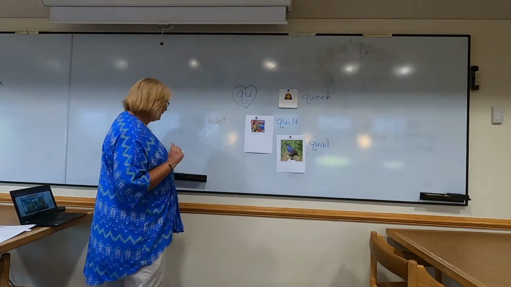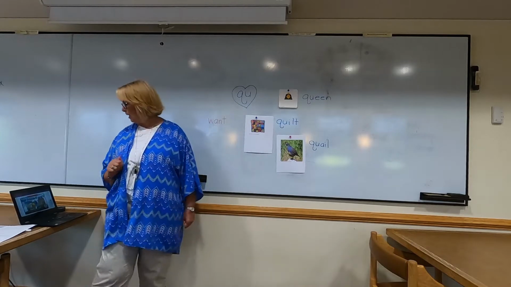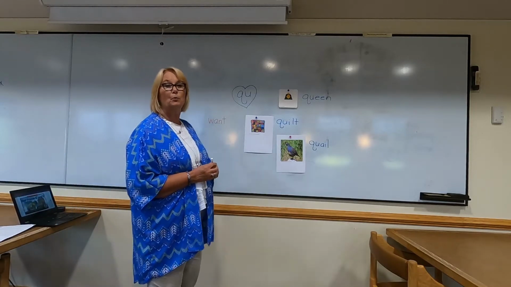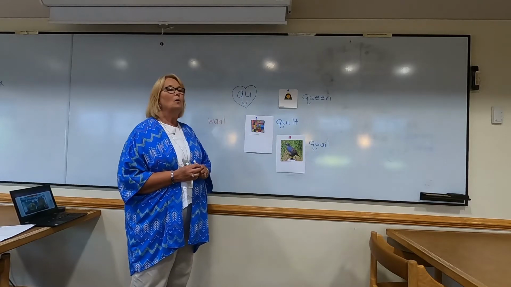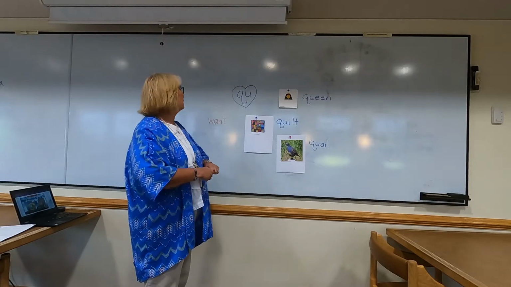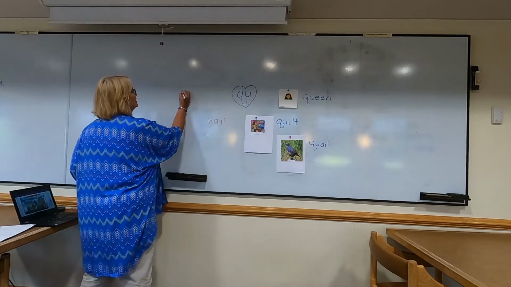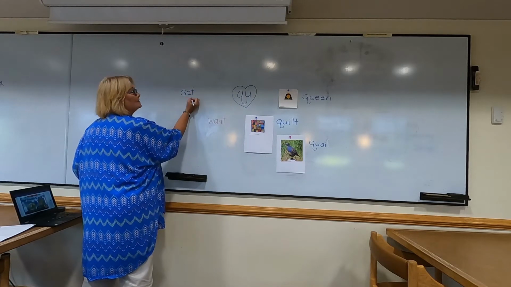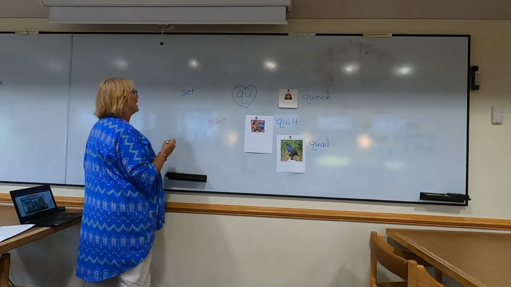Good job. Now, we're going to work on our high frequency words. Remember, our high frequency words are words we can sound out. We just have to know what the spelling patterns are. For the word set, remember that word set? Say it with me. Set. This word is set.